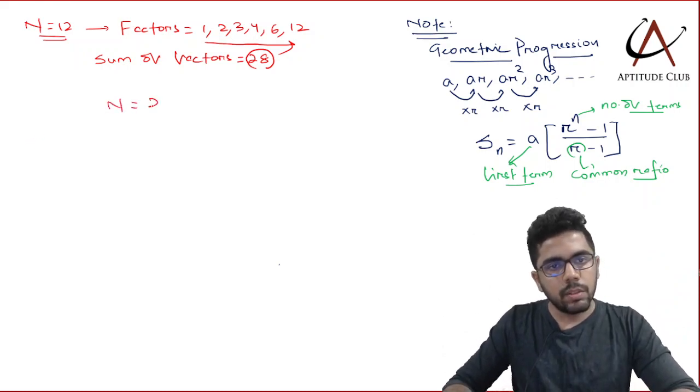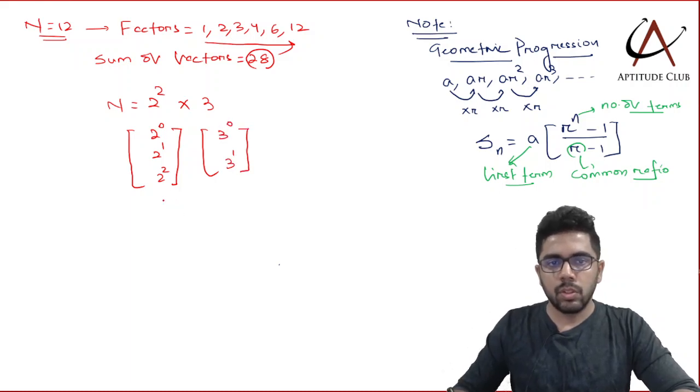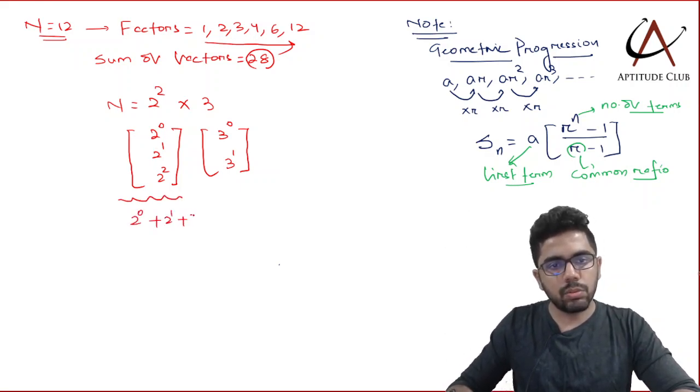Again, prime factorize and write the forms: 2 to the power 0, 2 to the power 1, 2 square, and 3 to the power 0, 3 to the power 1. What I can do is add these forms, 2 to the power 0 plus 2 to the power 1 plus 2 square, and multiply it with the sum of these forms, 3 to the power 0 plus 3 to the power 1.